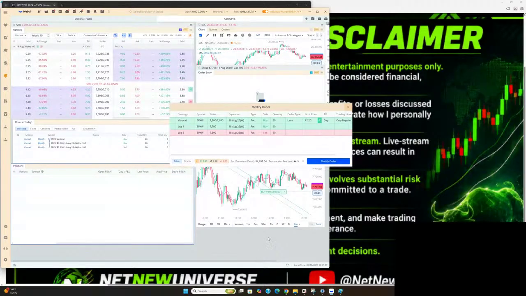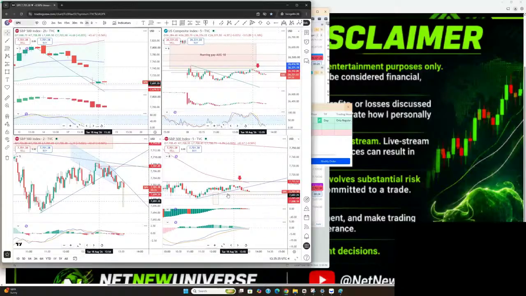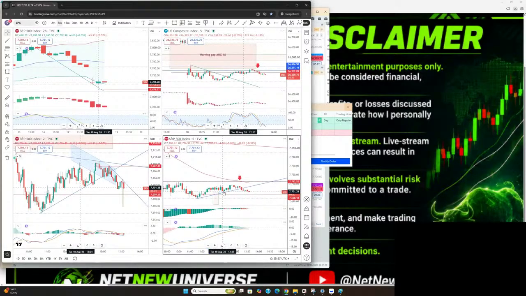Okay, let me look at the chart. This is, yeah, it's moving down stronger. Alright, it is going down one more step to the next red candle, next red line, which is this one.